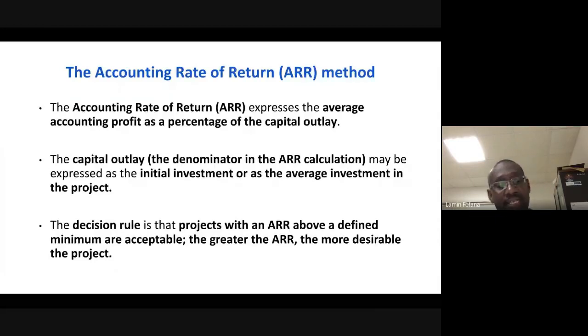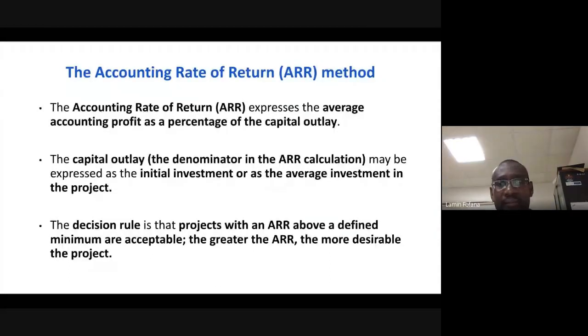Like I said, it can include notional costs, like depreciation, amortization. It can include provisions. It can include non-cash items like credit sales, and so on and so forth, because an accountant's profit is prepared using the accruals concept. So it's a good method also, but not reliable. That's why the first two methods, the payback period and the ARR, you can never use them on their own to take any investment appraisal decision.